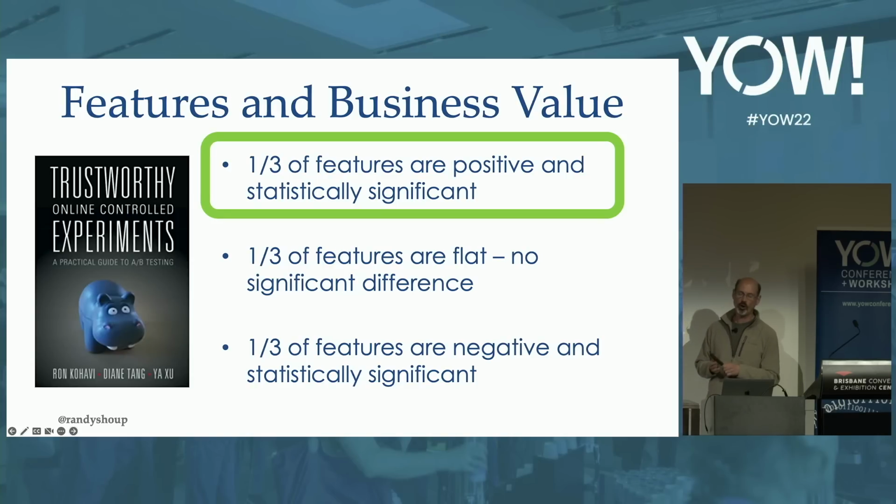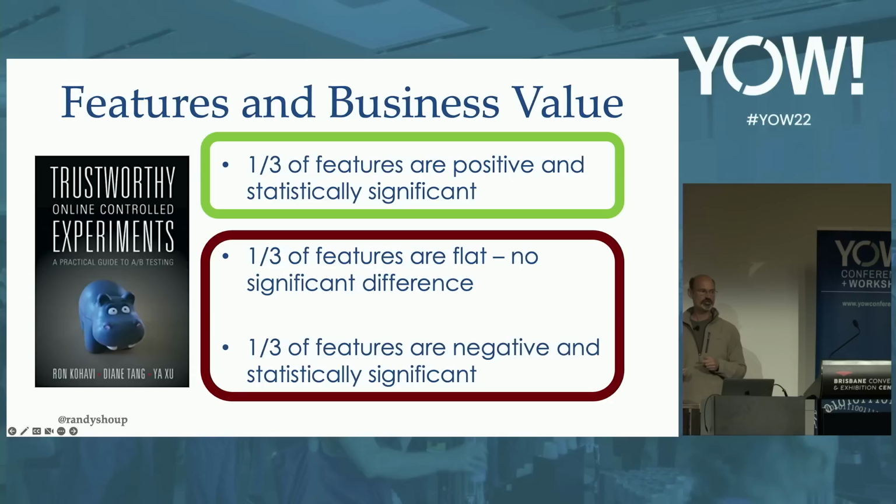And it turns out that 1/3 of the features that they produced were in a positive direction and were statistically significantly positive. But 2/3 of the features that they produced were either flat, no difference, or statistically significant in the negative direction.